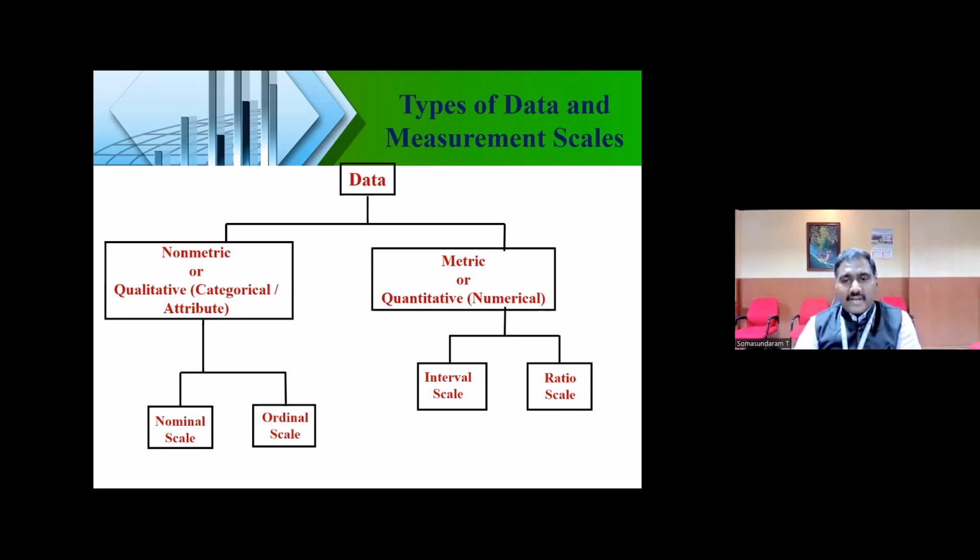Whereas metric or numerical data can be measured with the help of the interval scale and the ratio scale. Most of our social science research deals with the nominal scale and the ordinal scale. The interval and ratio scales depend upon the variables we are using and what we need for the research work.